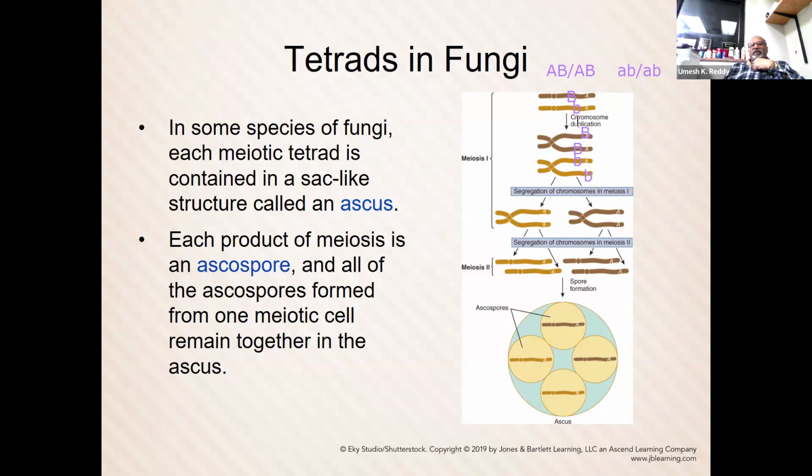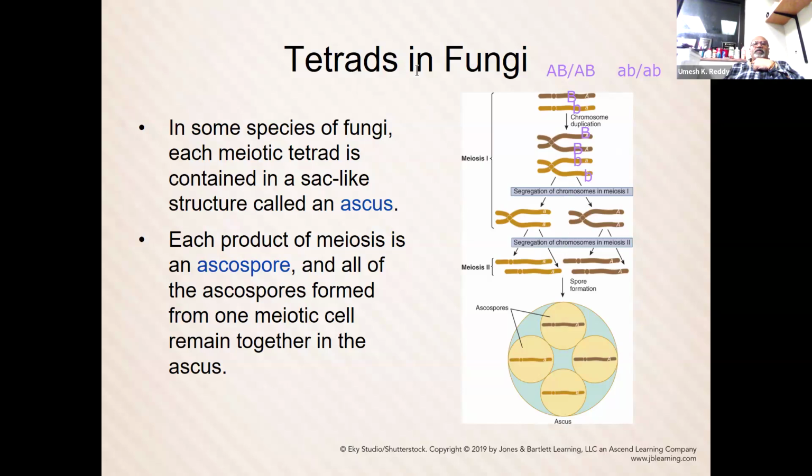Recombination is happening. And then two parental types are there. This is capital A, capital B, and this is small a, small b. But this is not like that. This has capital A, small b, and small a, capital B, but has undergone recombination.